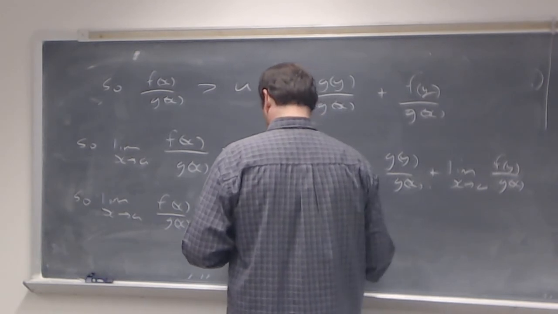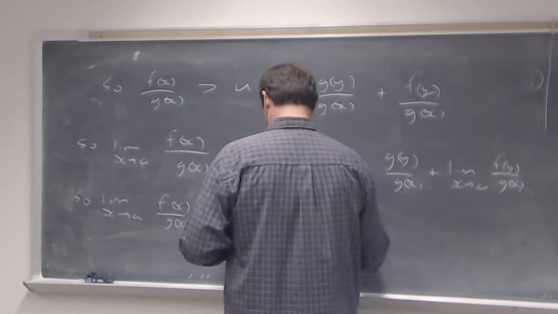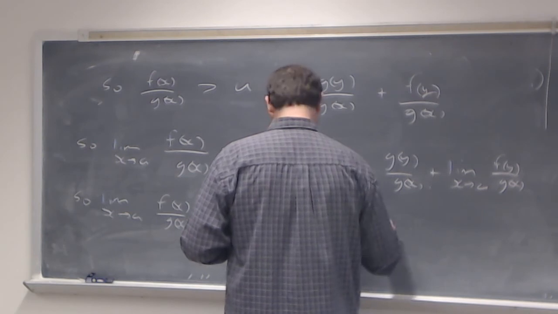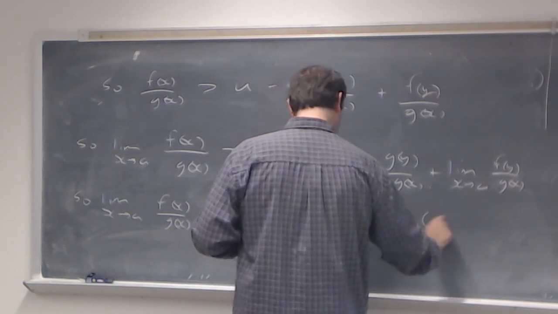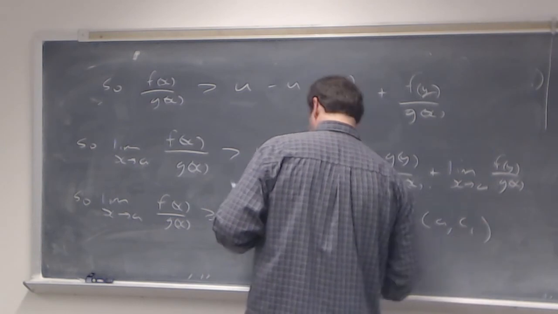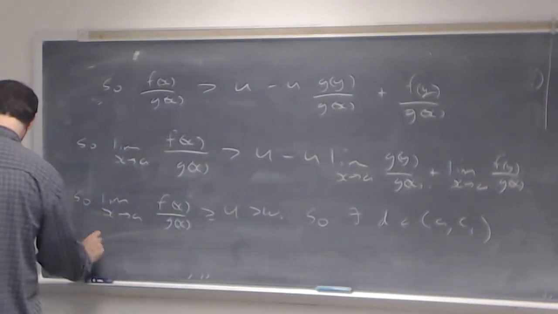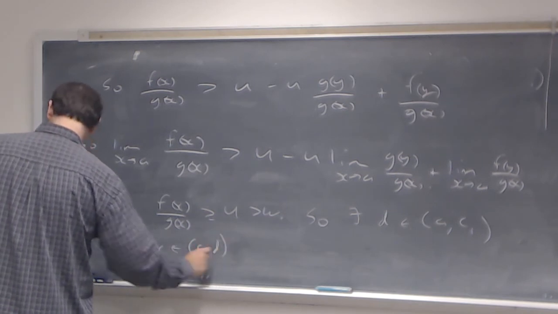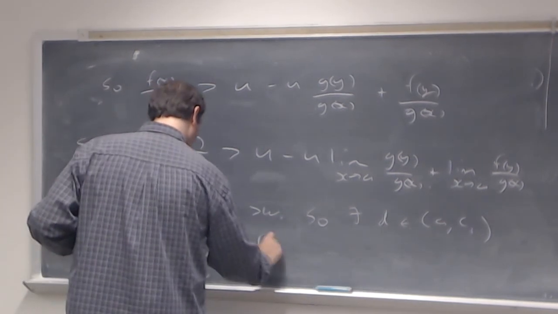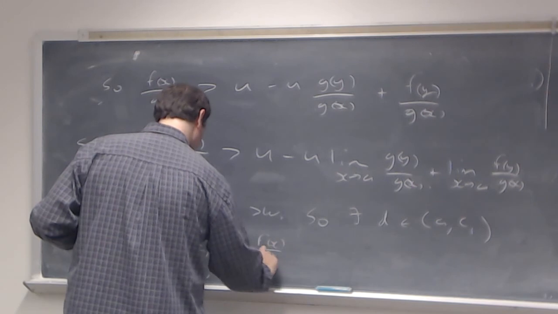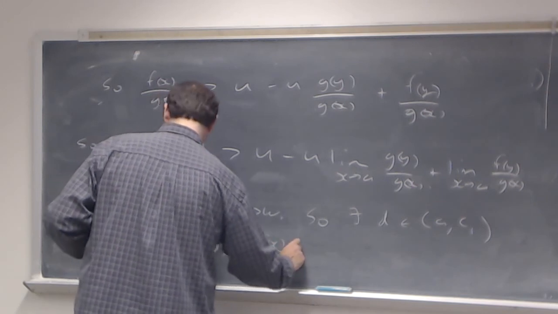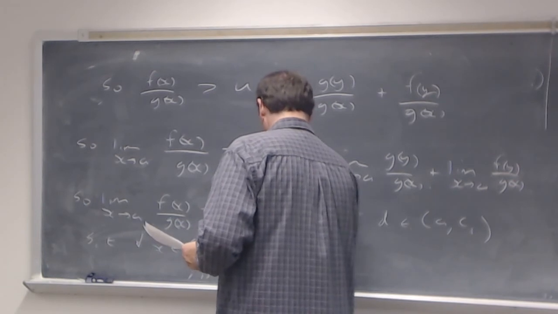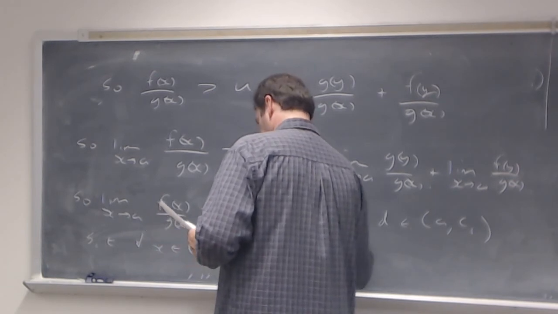So that says there exists a D element from A to C sub 1 such that for all x element from A to D, f of x over g of x has got to be bigger than or equal to u.